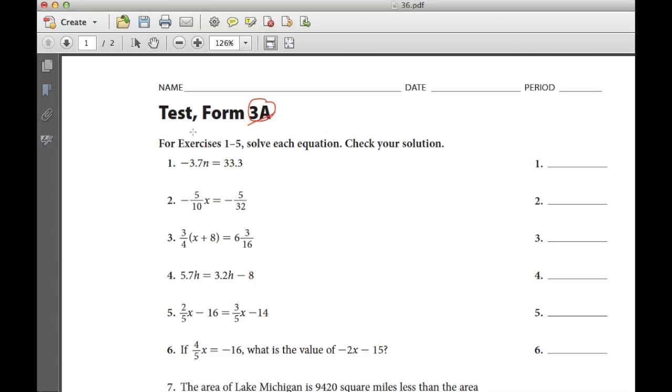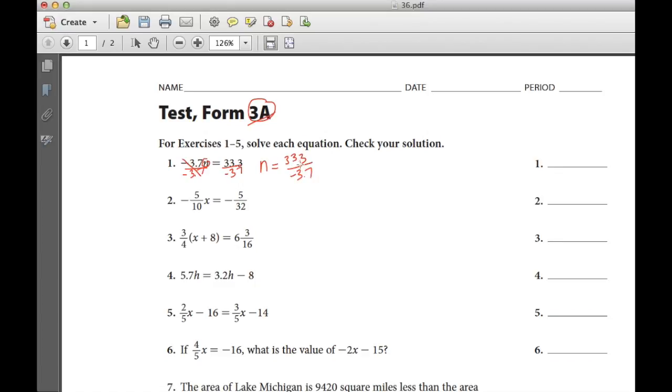For number 1, this is a one-step equation. To isolate the variable n, we need to get rid of the negative 3.7 coefficient. So the opposite of multiplying by negative 3.7 is to divide by negative 3.7. That cancels out, equaling 1n equals, and then we have a decimal in a fraction, so one way to do that would be, of course, to use a calculator.